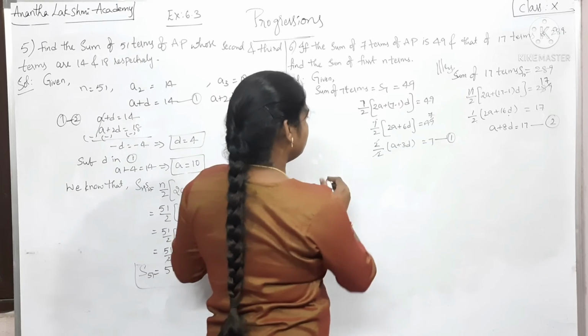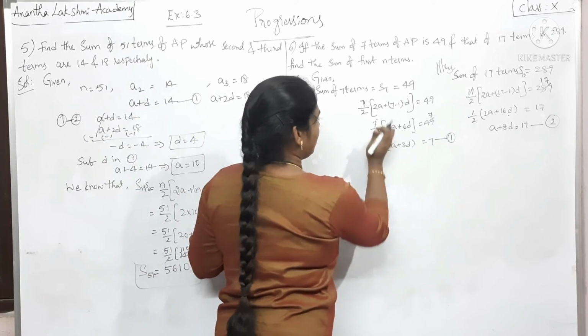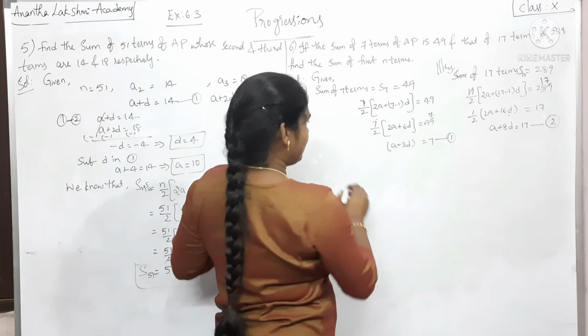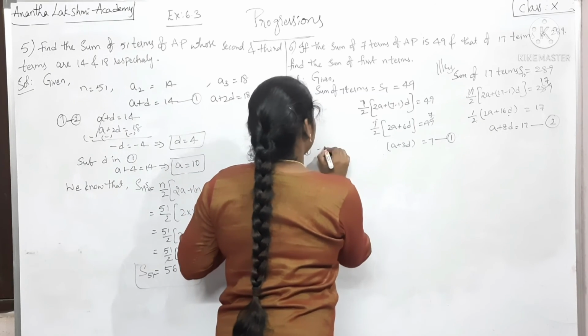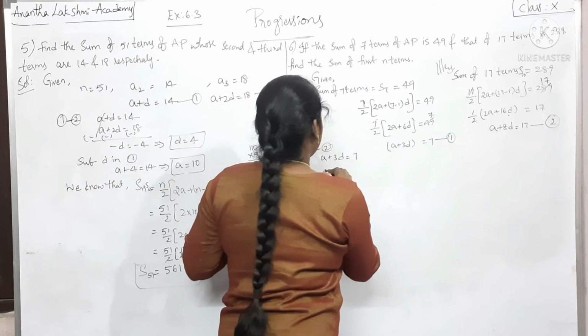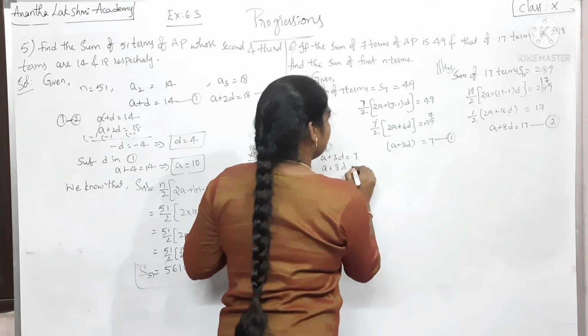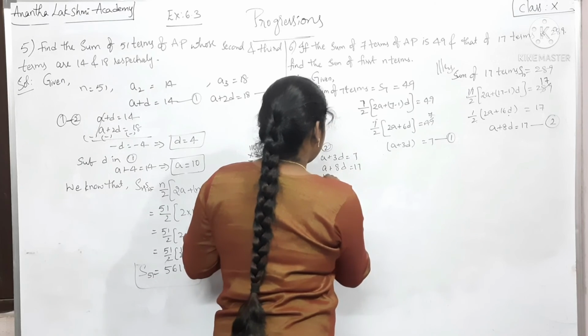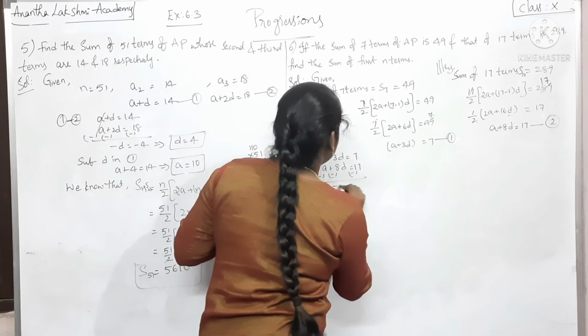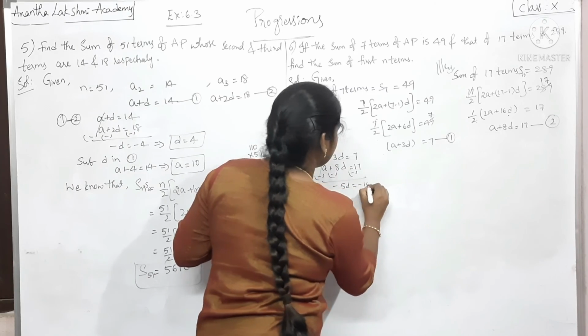Solving 1 and 2. This is going to be a plus 3d is equal to 7, right? So 1 minus 2, if I do, a plus 3d is equal to 7, a plus 8d is equal to 17. Minus, minus and minus. a gets cancelled. Minus 5d is equal to minus 10.